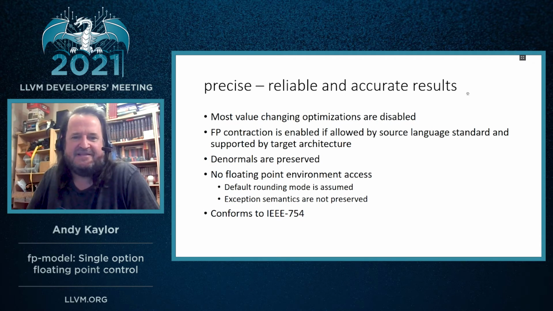It also means that the user's program can't check floating point status bits or unmask floating point exceptions because the strict exception semantics are not preserved. This model generally is intended to conform to the IEEE 754 floating point implementation standard, and so users who want that sort of conformance will choose this model.